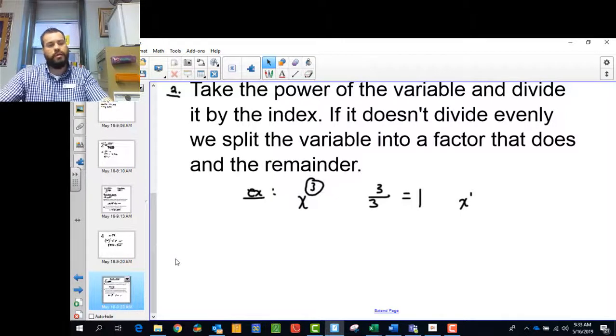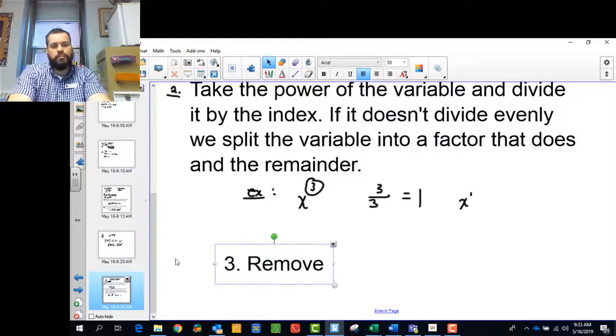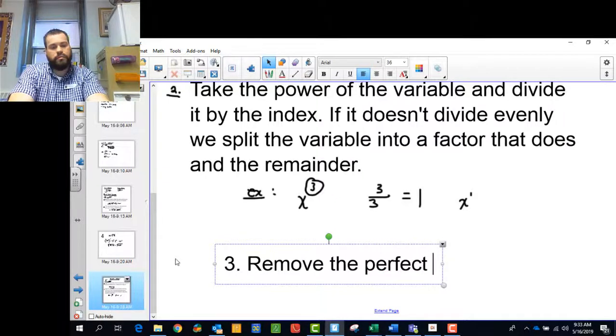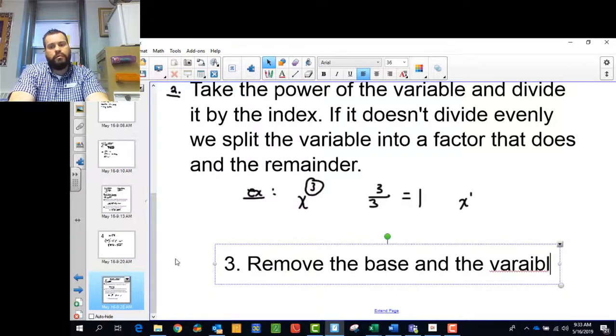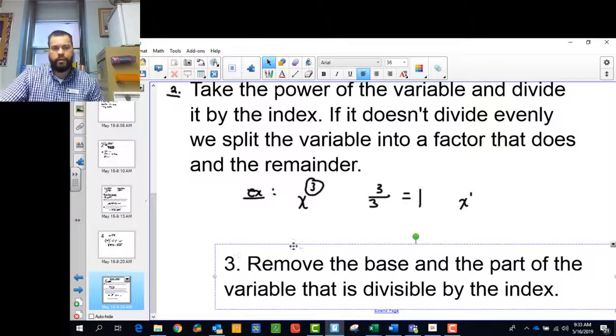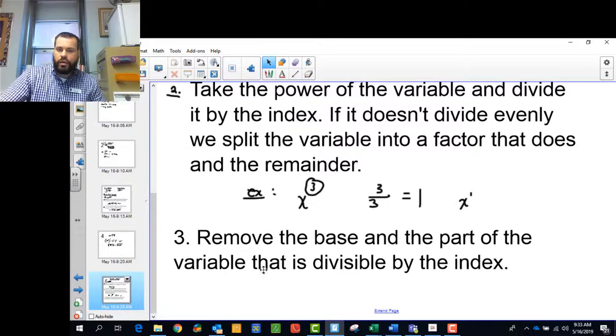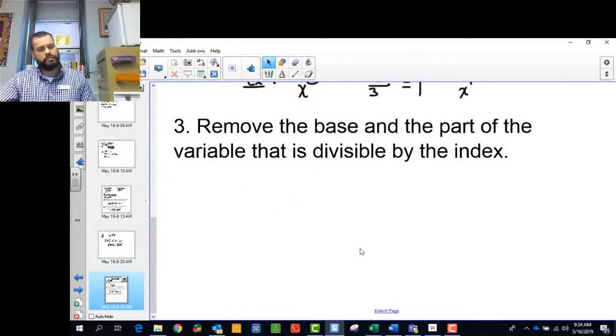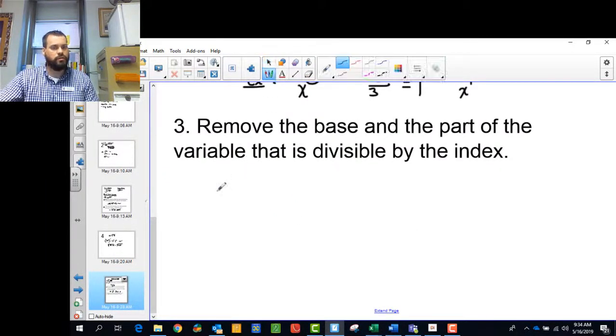So in step 3 we're going to remove the perfect cube, or we'll say the base, and the part of the variable that is divisible by the index. Okay. And again, this is a little bit wordy and a little bit confusing until you see an example or two, and then hopefully it will make a little more sense.